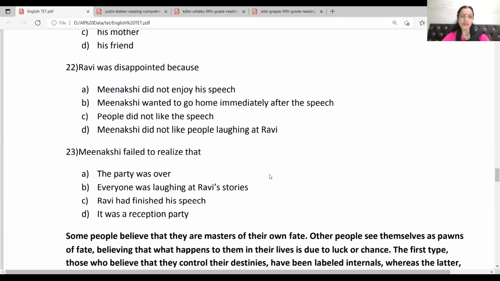The options: that the party was over, or that everyone was laughing at Ravi's stories and not at Ravi. Yes, option B is right. What she thought was that they were laughing at Ravi. So what did she fail to realize? That they were not laughing at Ravi, but they were laughing at his stories. That she did not understand.